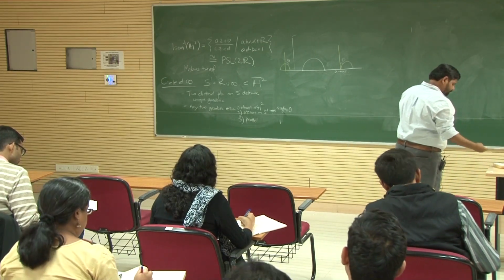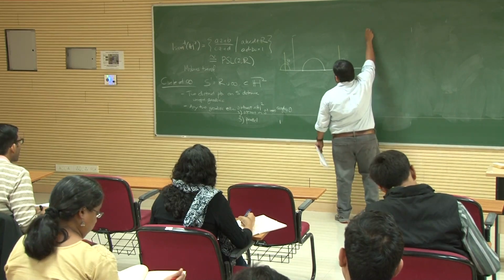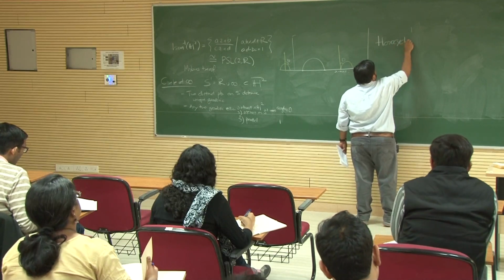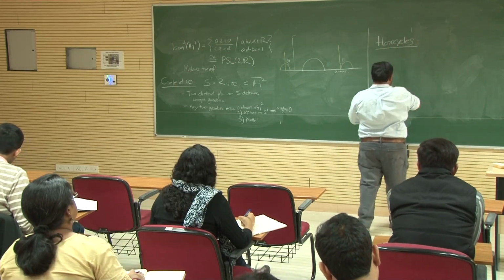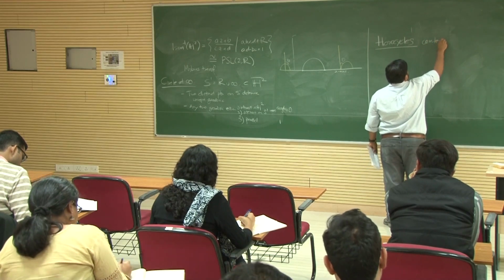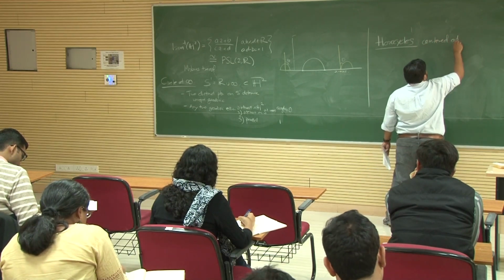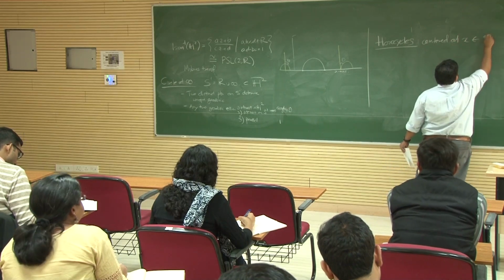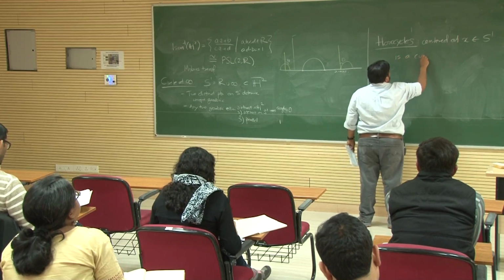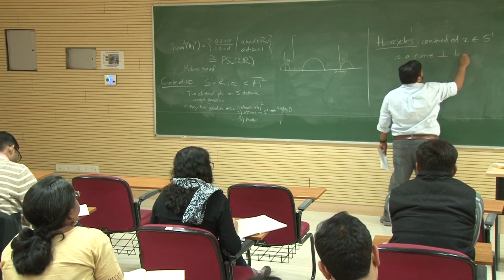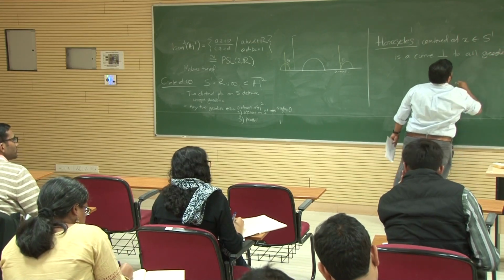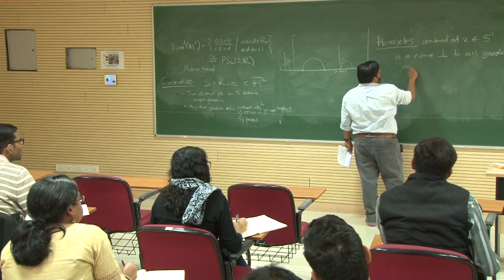You look at what are called horocycles. So a horocycle centered at a point x belonging to this S1, the circle at infinity, is a curve perpendicular to all geodesics incident to x.